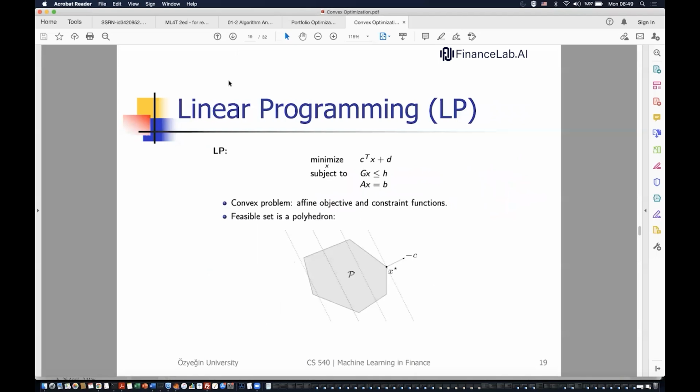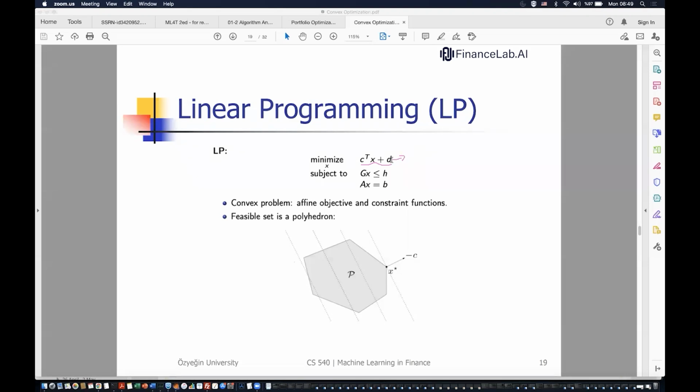One easier problem class is linear programming. In linear programming, both the objective as well as constraints are linear, both equality and inequality constraints. As you see, the objective is in the form of an affine function, and both objective and constraints are in the form of affine functions. Since it's linear, it's convex by definition, and linear functions are also concave.